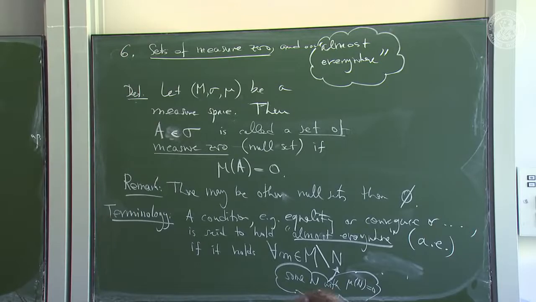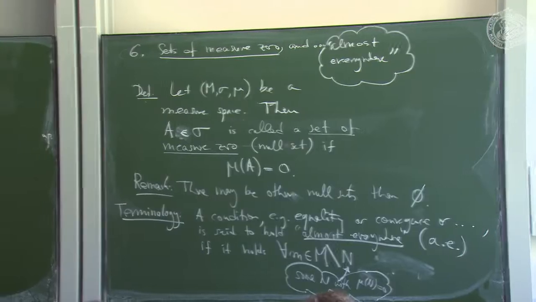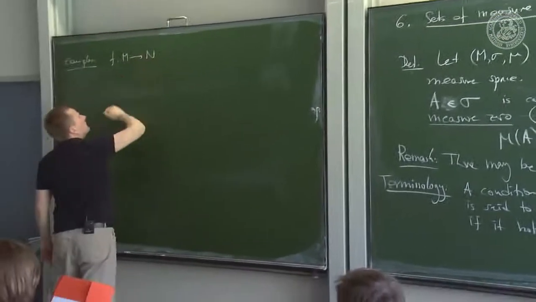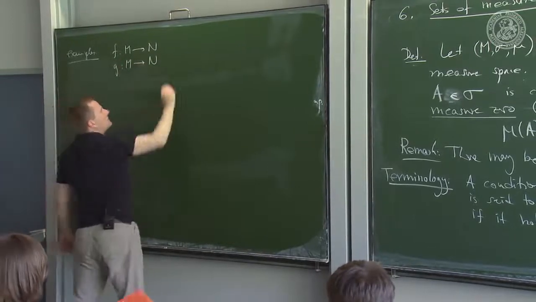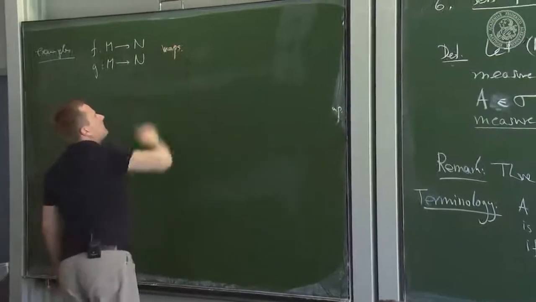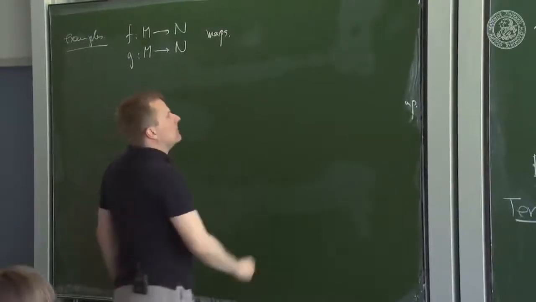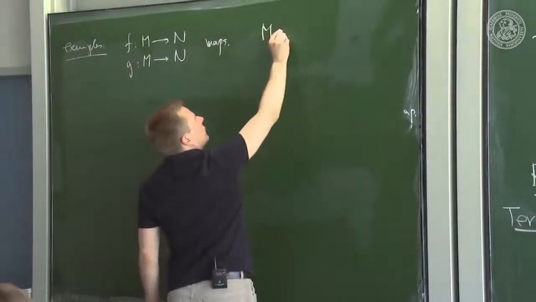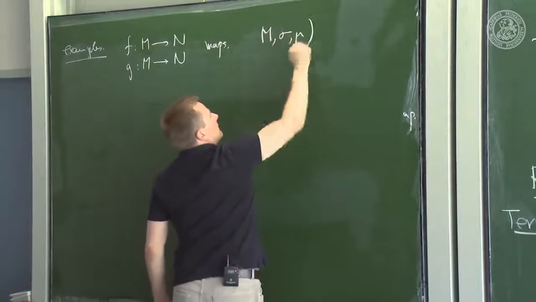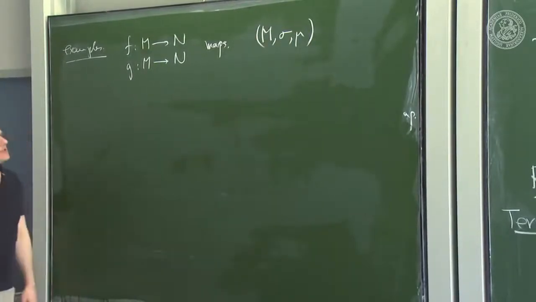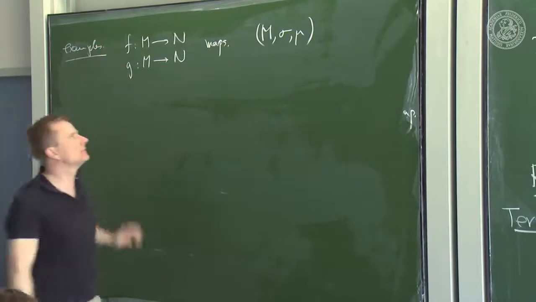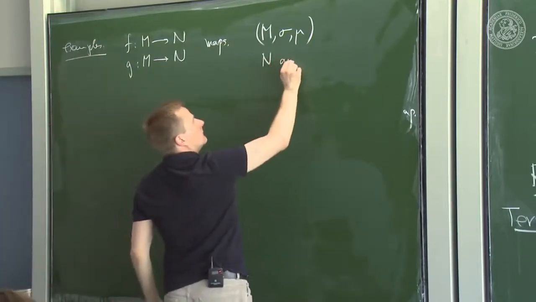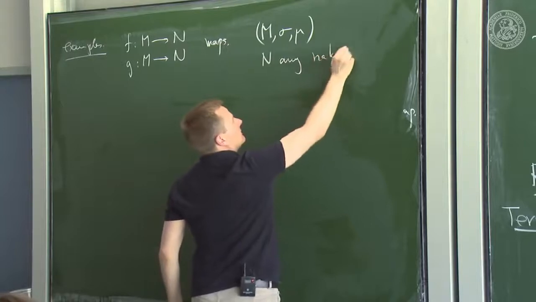So let f from M to N and g from M to N be maps, and let M be equipped with a sigma algebra and a measure, but N can be any set, any naked set.